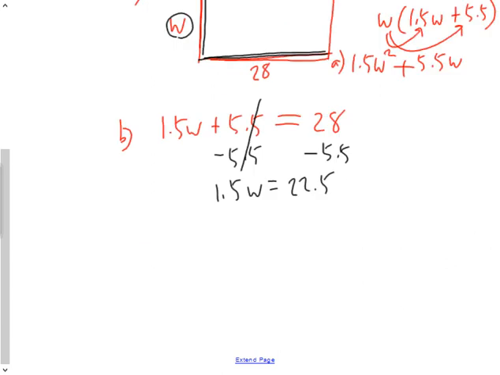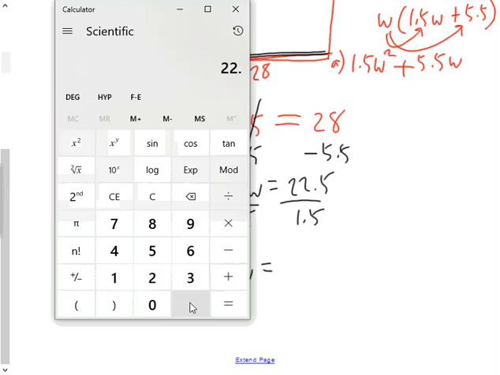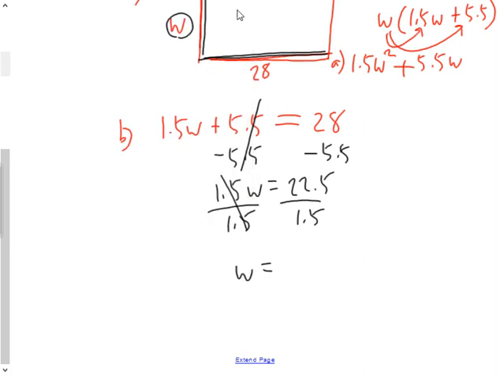Divide both sides by the coefficient, so divide both sides by 1.5, and W will equal 22.5 divided by 1.5, which is 15.